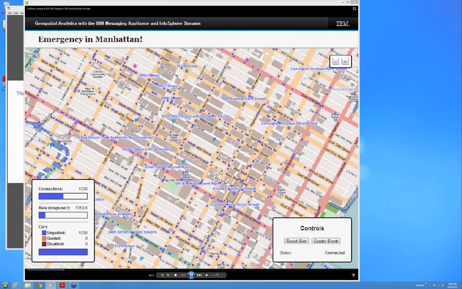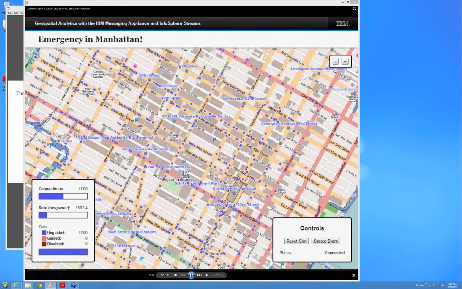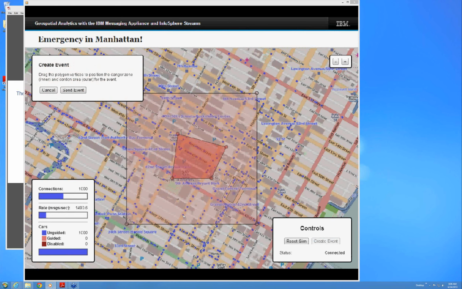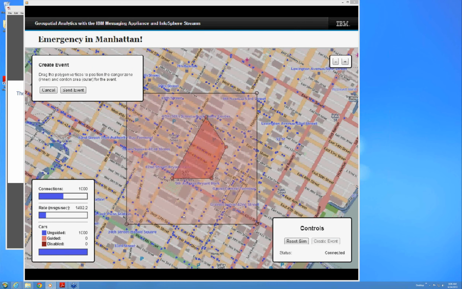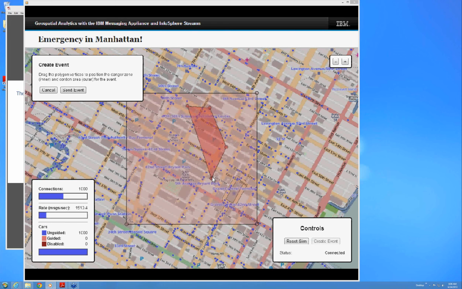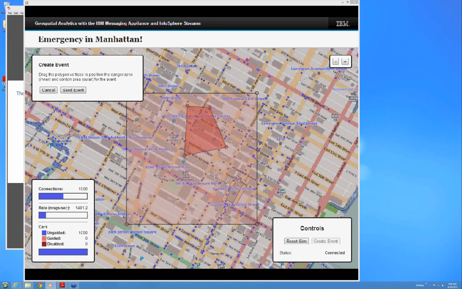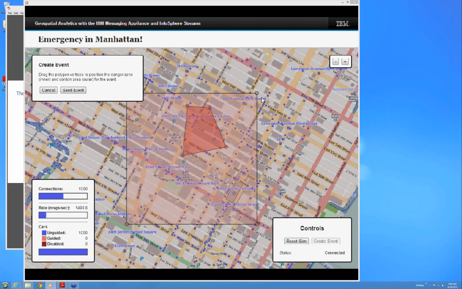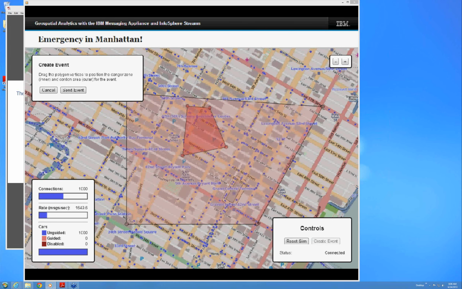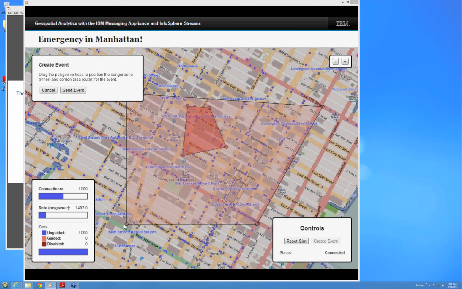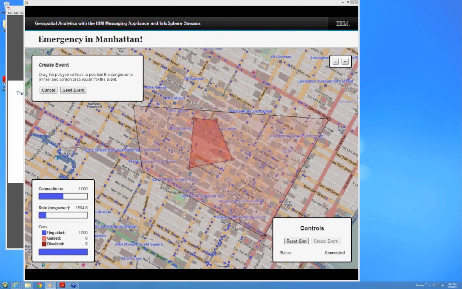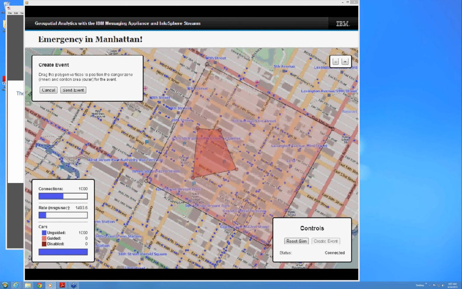And in a moment, we're going to simulate an event. And this event, in this case, is going to be the outbreak of infectious disease. And as you can see, we're going to plot the outbreak, its specific parameters, and so we're simulating what will happen to these cars as they pass through an area of infection.